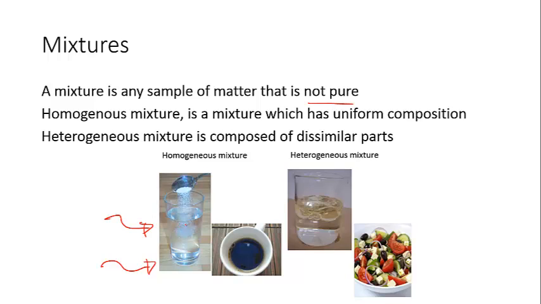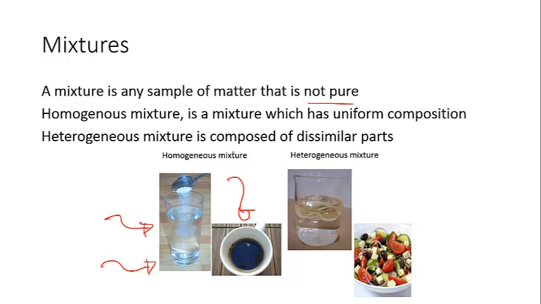It would have uniform properties. It would have an equal concentration of sodium chloride in either part, wherever you sampled, from the top or the bottom. So this would be an example of a homogeneous mixture. And same with a cup of coffee. A cup of coffee is also an example of a homogeneous mixture.